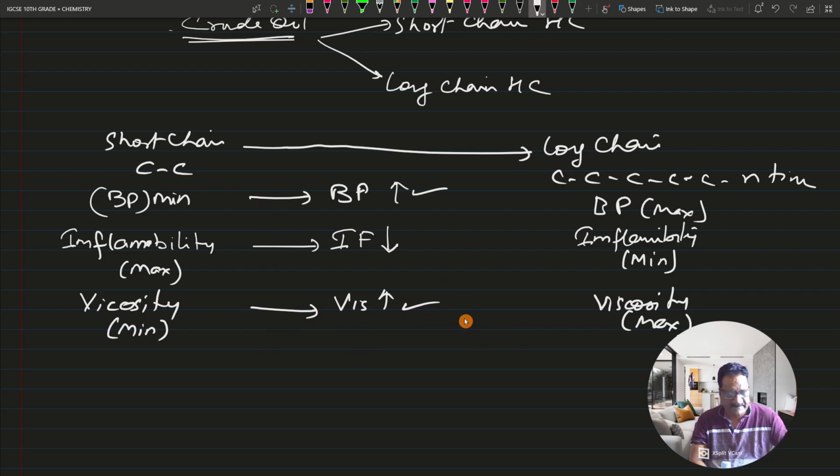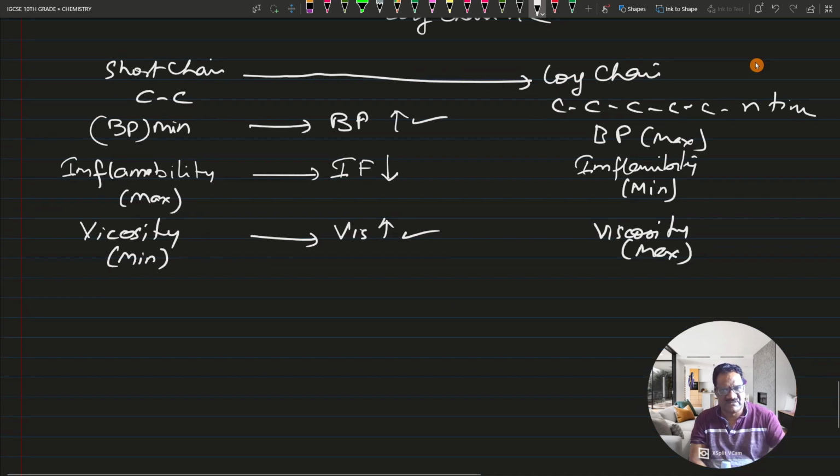Is that clear? Right. Now, fractional distillation is a process which will help you in separating and isolating these fractions from the crude oil. Now, the initial short chain compounds will have a particular nature, so I will write that also.